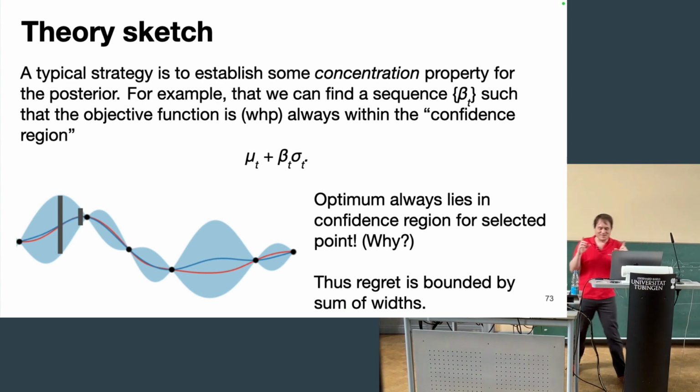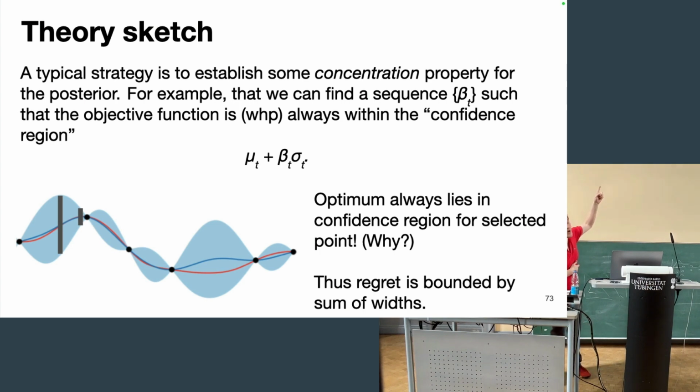And why is that the case? Well, if the confidence region for the global optimum were up here, then I would have selected that point instead. And if it were down here, then this point would have been optimal. So it's really easy to reason via contradiction that this must be the case.